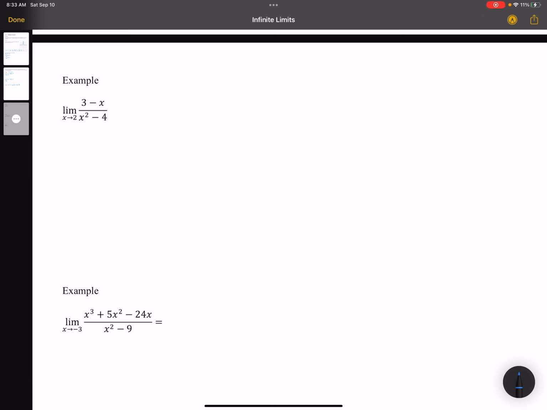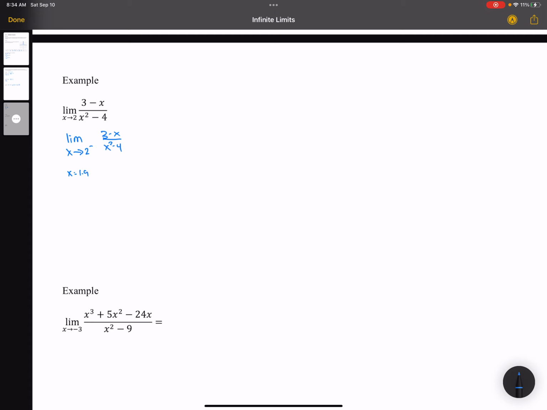So let's see. If we find the limit when x approaches 2 from the left, for (3 minus x) over (x squared minus 4), say we choose x equals 1.9, for instance.